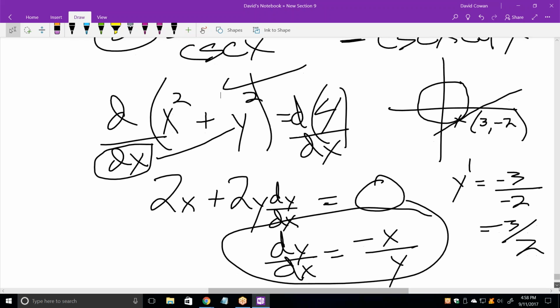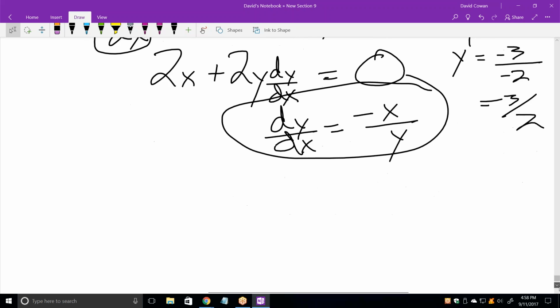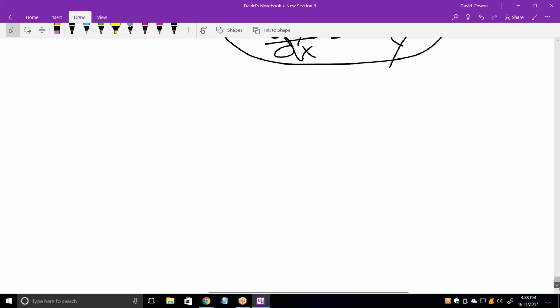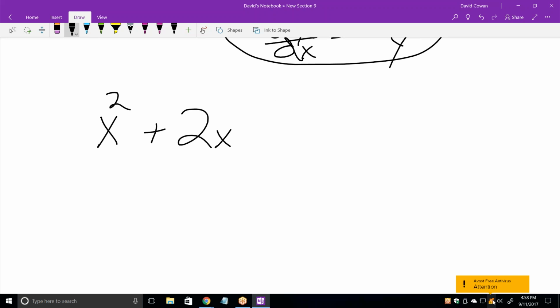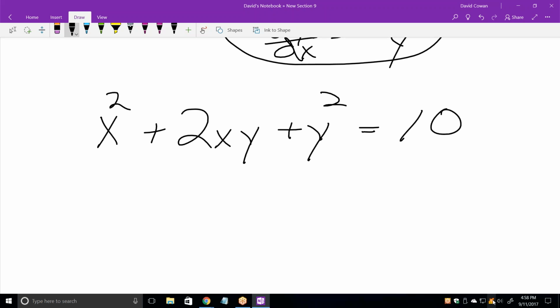Let me give you just a quick example. In this example, I actually could have solved it for y. But how about if I had something like this? I can't solve that for y. You can't either. So that's not really an option with this.